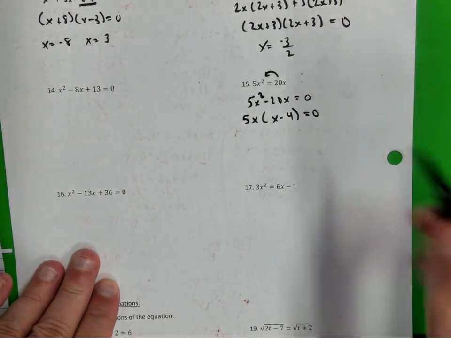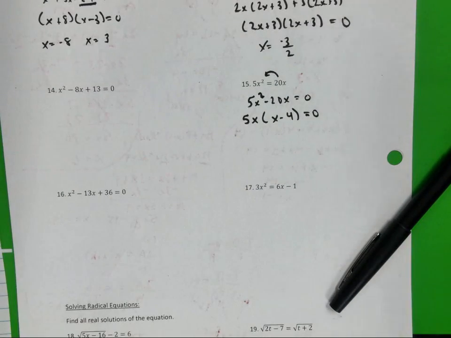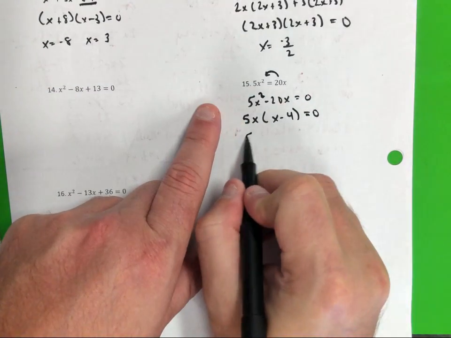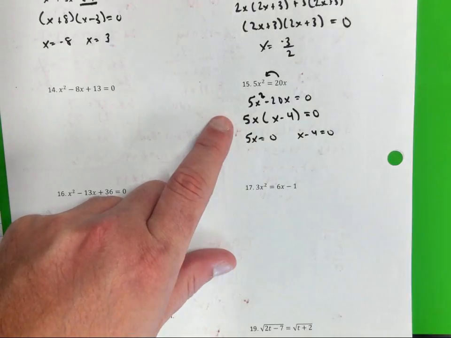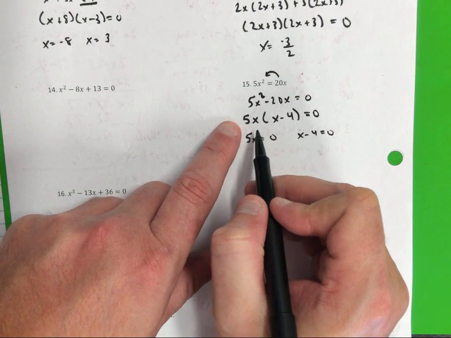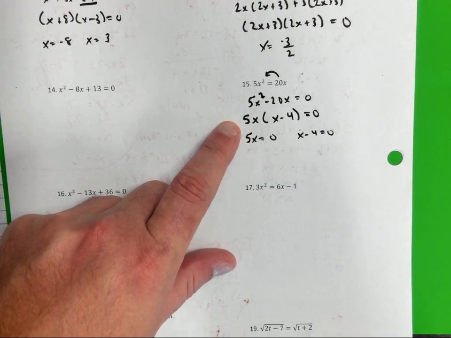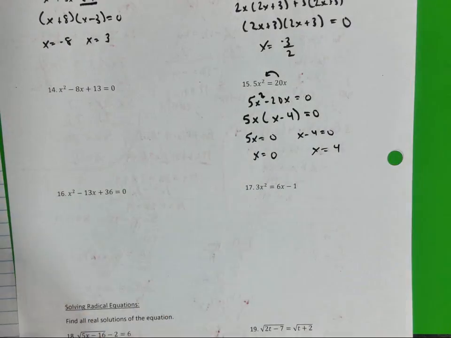Now, remember here, you have to set anything that has a variable with it to 0. So you have to say 5x equals 0 and x minus 4 equals 0. Now, guys, if this 5 didn't have the x with it, would you have to set it equal to 0? No, it's only if it has a variable with it, okay? So what's x equal here? And x equals what? 4. Very good.